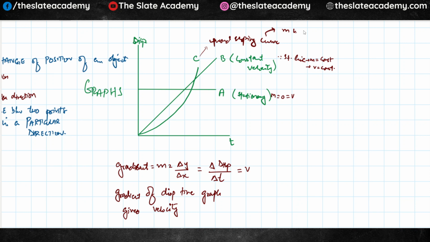If the graph were something like this, we can make the opposite comment: a curve with decreasing gradient, which means velocity is decreasing, and we have a name for this phenomenon, which is deceleration. Make sense, sir?